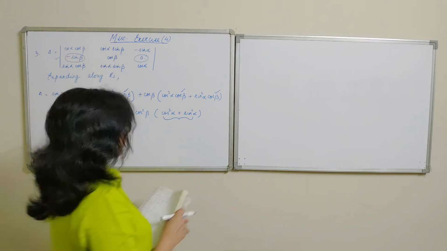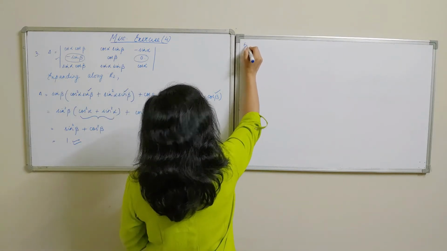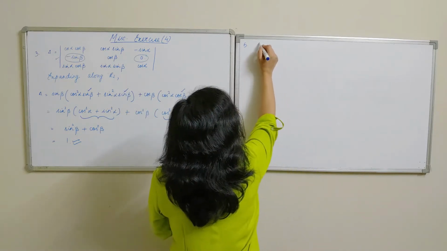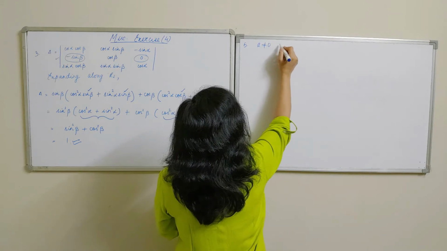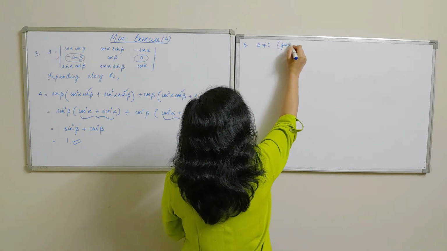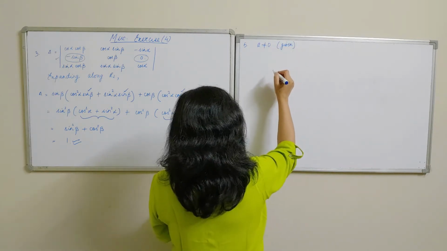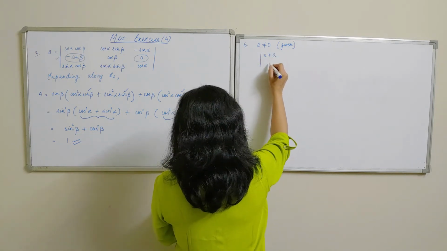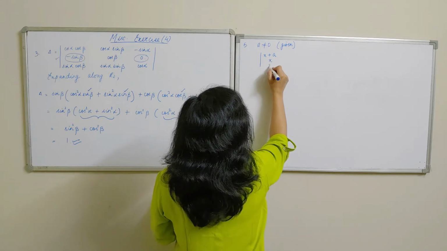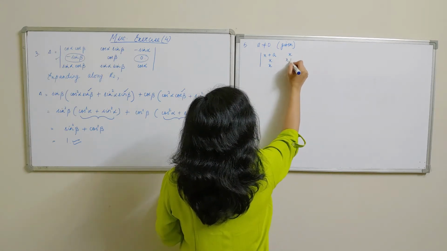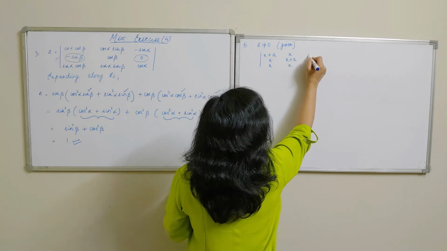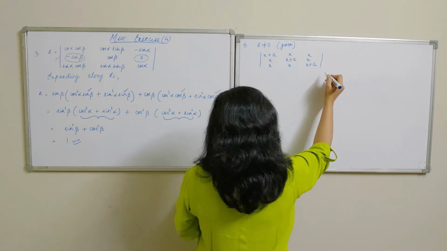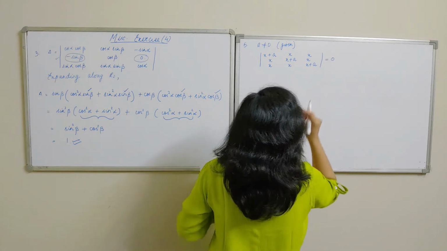So next I'm taking up question number 5. Solve this equation if a is not equal to 0. So this information is given. A is not equal to 0, and then we have to solve this determinant, and this determinant is equal to 0.